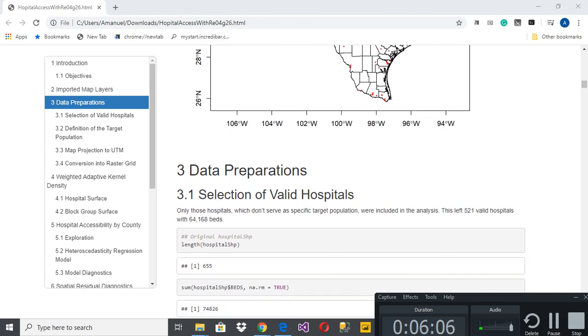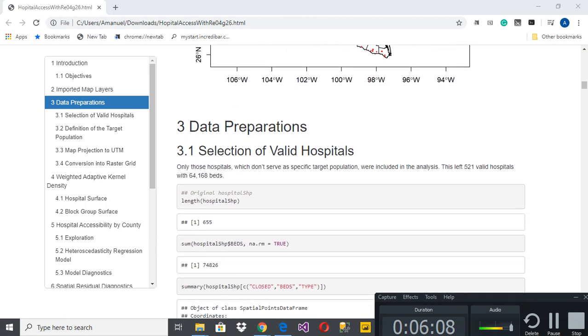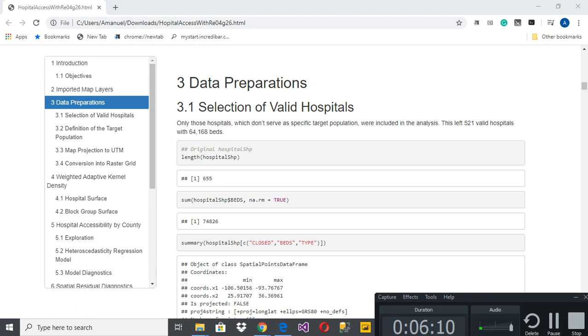Data preparation: selection of valid hospitals. Only those hospitals which don't serve a specific target population were included in the analysis. This left 521 valid hospitals with around 64,000 beds.